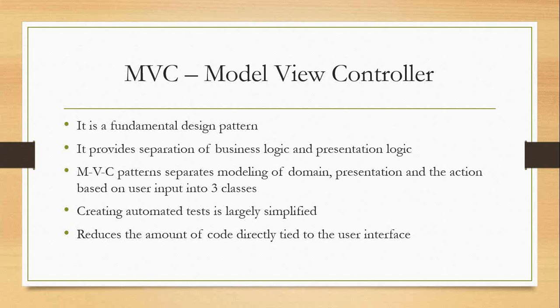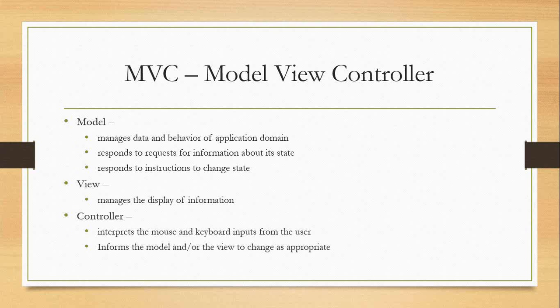The model component is required to manage data and behavior of your application. It would respond to requests for information about its state. Because it is storing data, it has to make sure that whenever there is a request for business data, it should be able to provide that updated business data.